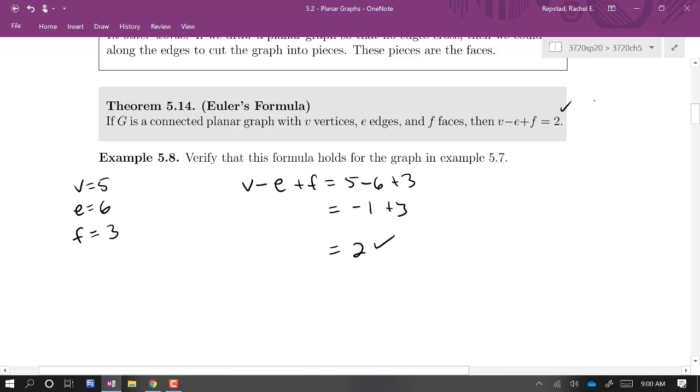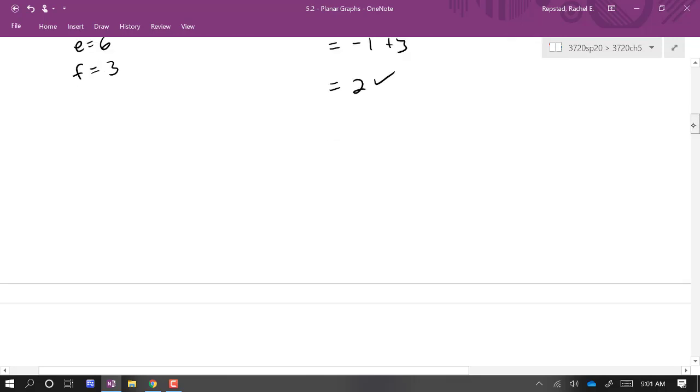And there we go. That result is illustrated there. To see one way to use Euler's formula, certainly if we have a connected planar graph, like the one we just drew up there, we can verify that it's true.